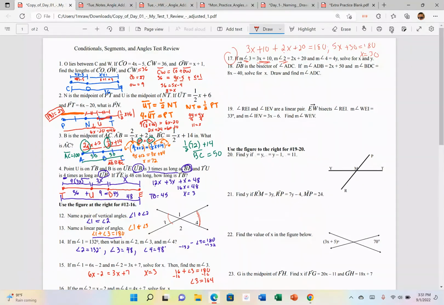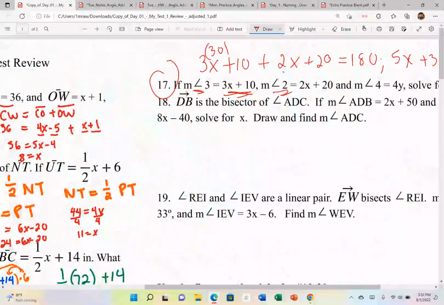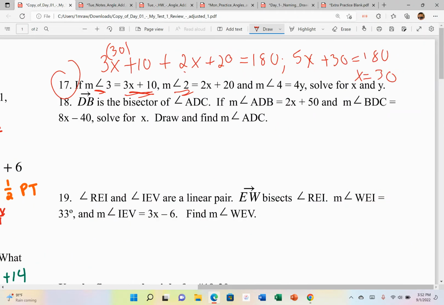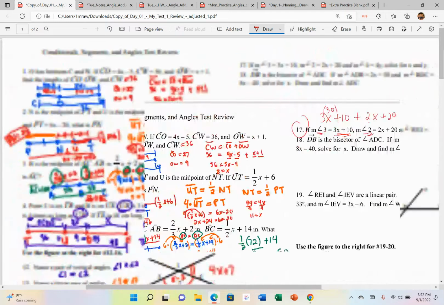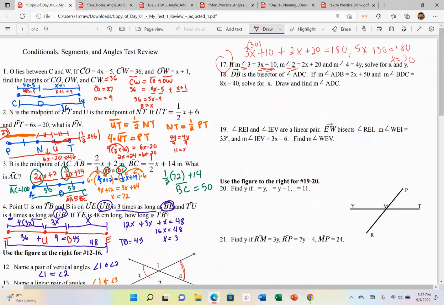So we plug in that 30 here. 3 times 30 is 90 plus 10 is 100. So angle 4 equals 100. So 100 equals 4y. Divide both sides by 4, and y equals 25.